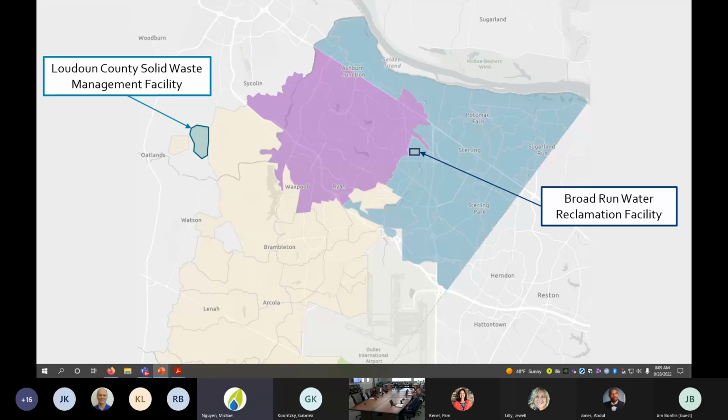And so we manage that as closely as we can. And so right now, we bring about 2 MGD from this purple area into Broad Run, and the other approximately 4 to 6 discharges to DC Water. But the important part for us is the landfill must come to Broad Run. There's no future where that might switch and not come to the facility.